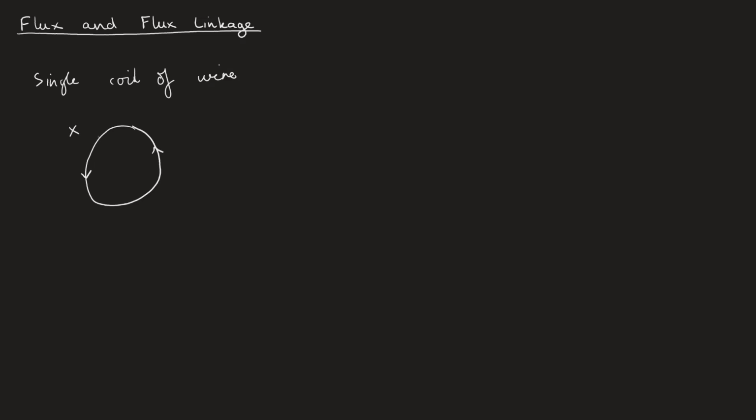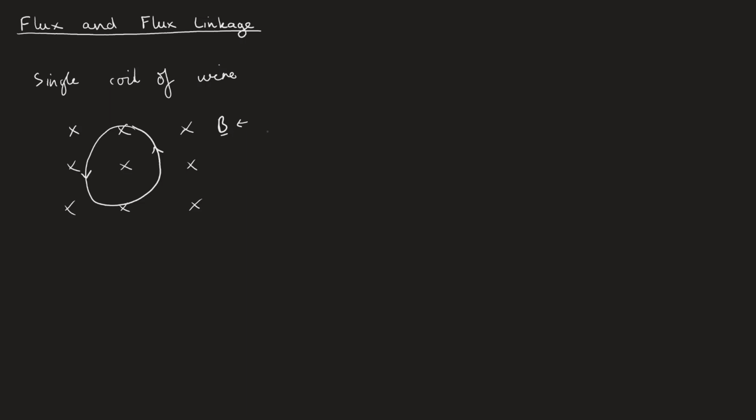I'm going to draw the magnetic field like this, as we've done in the previous videos, remembering that these crosses mean that the magnetic field is uniform and going into the screen. And the whole point of this is this B, what we've defined as the magnetic flux density.